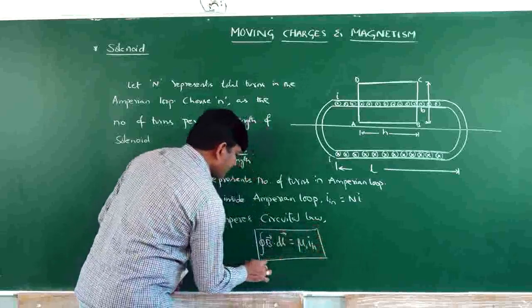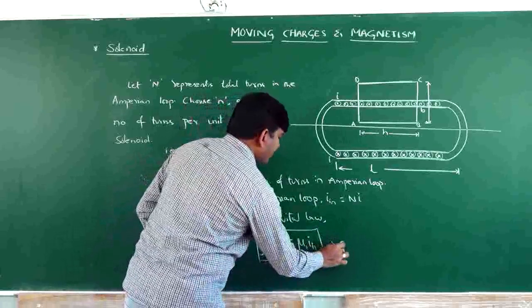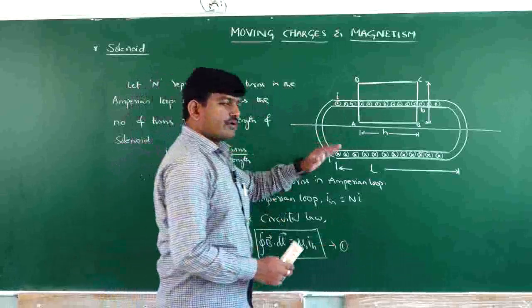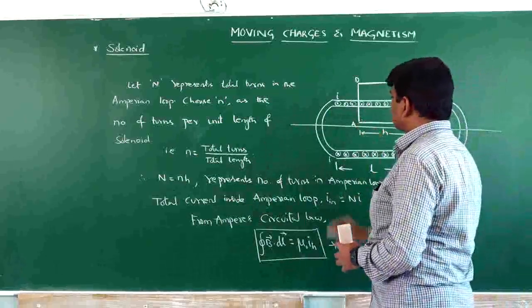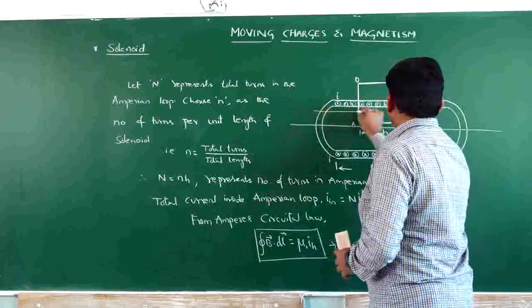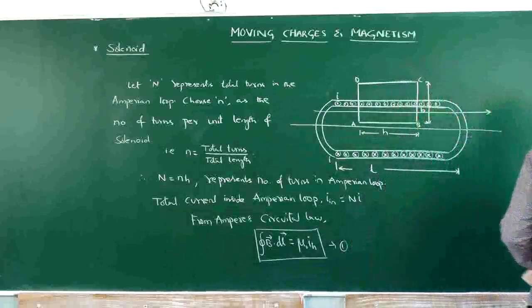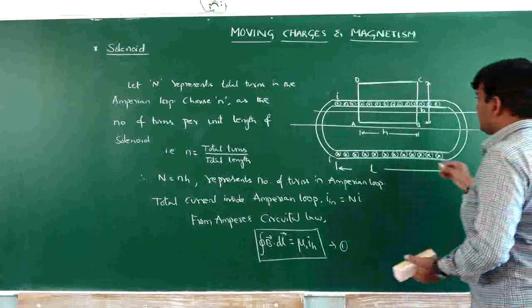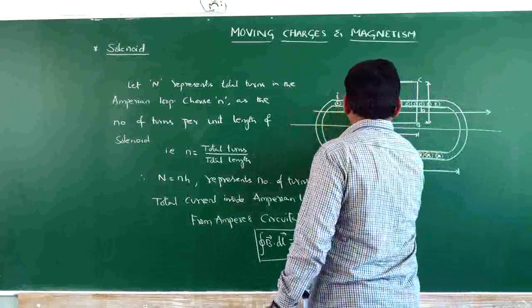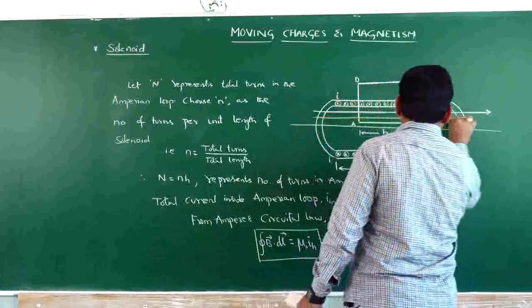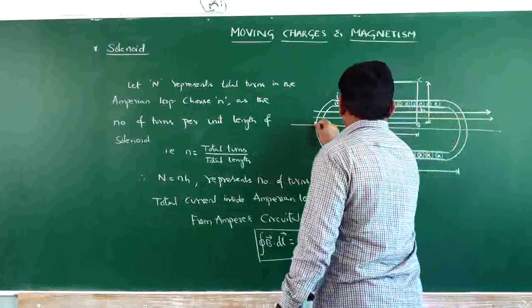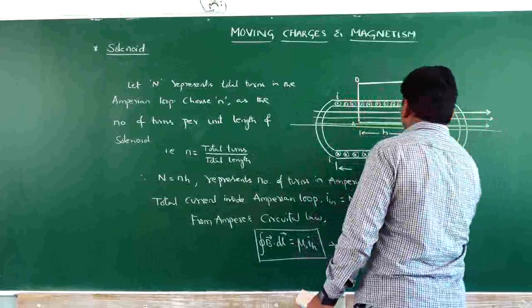So here, if you see how the magnetic field is going to be changed: inside the solenoid, the magnetic field will be uniform. Solenoid is a device which is used to produce a uniform magnetic field.